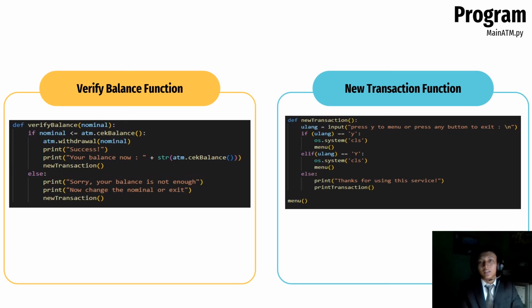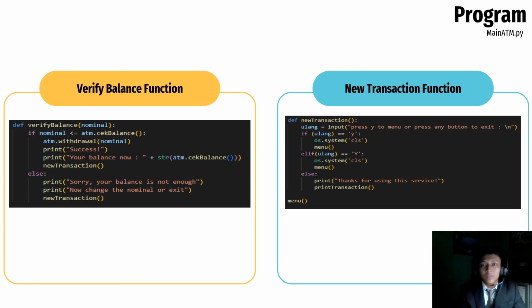And this is the last function, the new transaction function. This function contains the option whether the user wants to do a transaction again or not. In this function, the input will be given to the variable ulang. So if the user inputs y, then the program will run cls and clean the terminal.